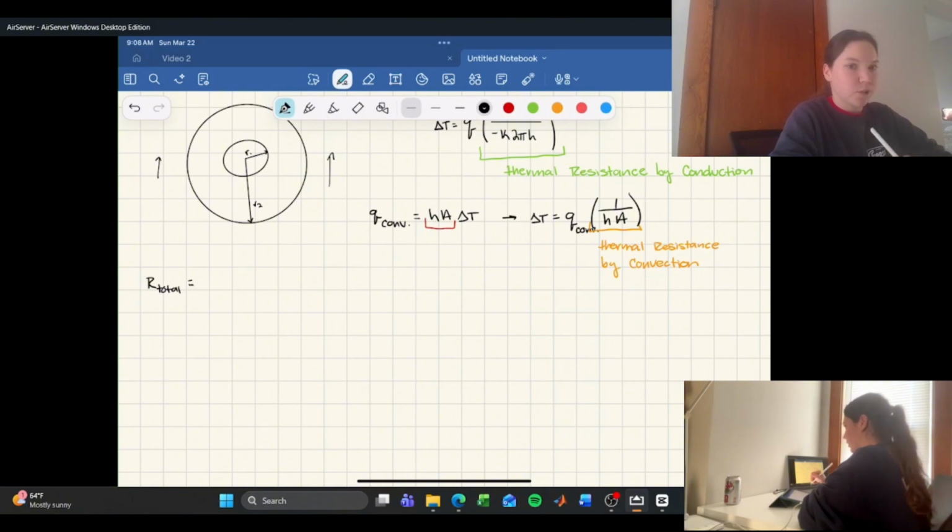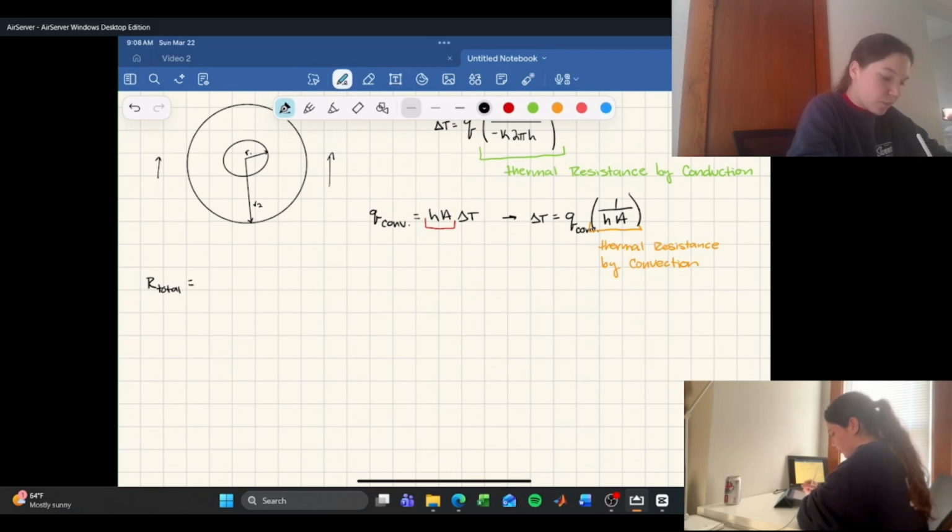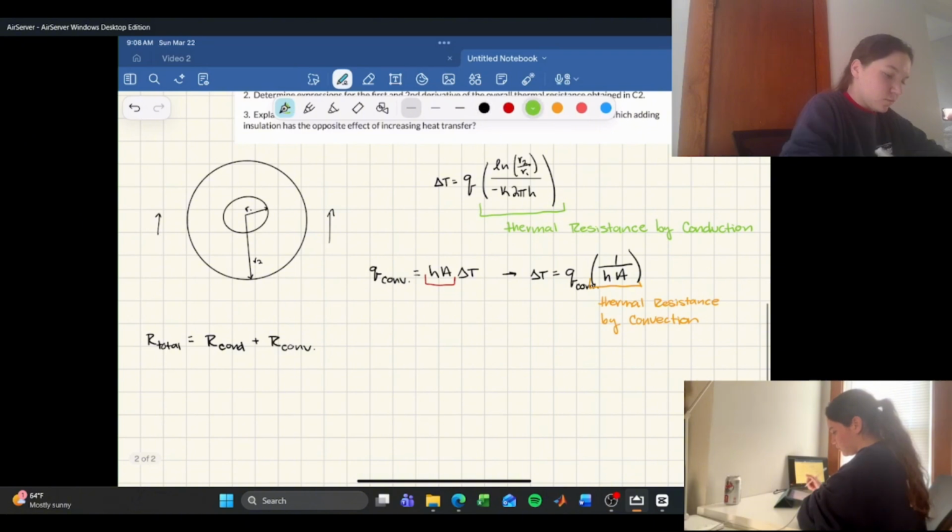I did this in previous videos as well. So for the total resistance, you're just adding up the thermal resistance by conduction and convection. It's just going to be R conduction plus R convection, which we just did up here. I'll make that green, and that's the orange.